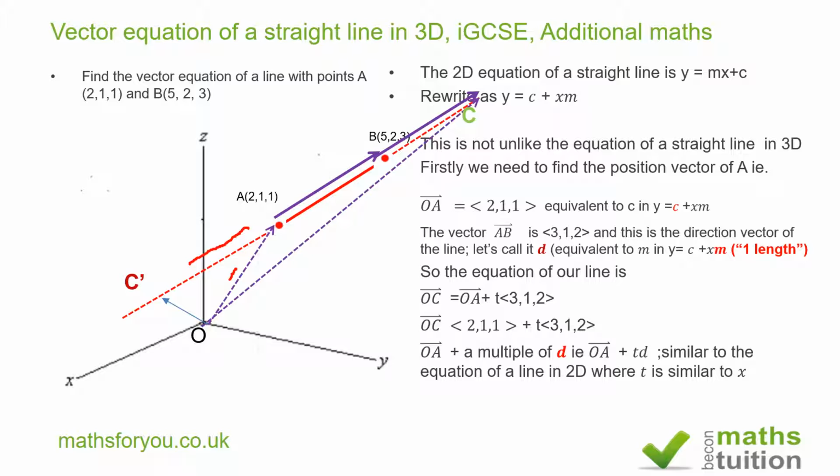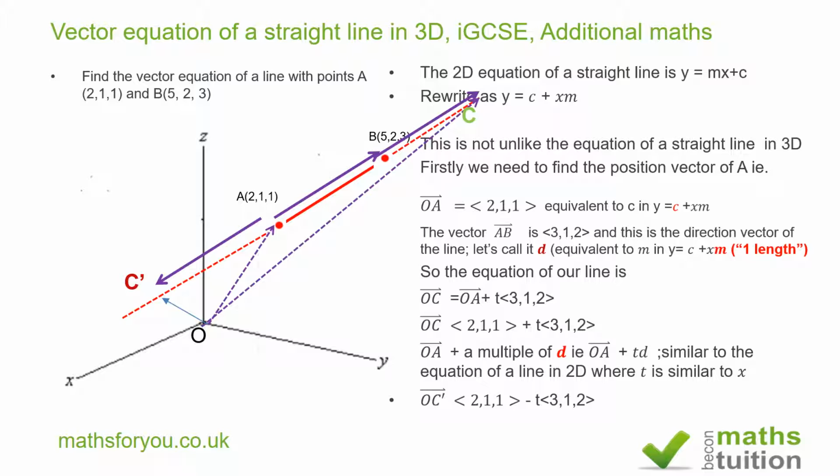So OC prime would then be vector OA minus a multiple of the direction vector d. Okay, so that's what we got there.